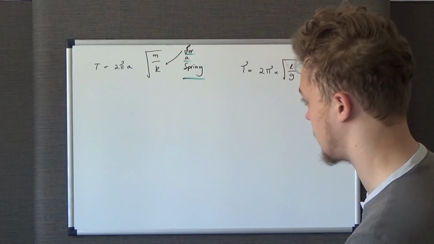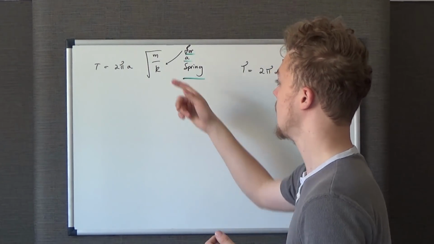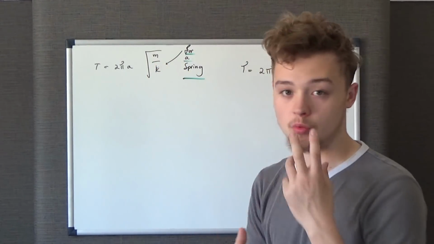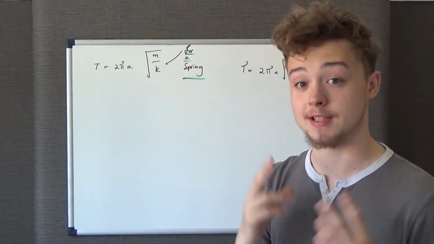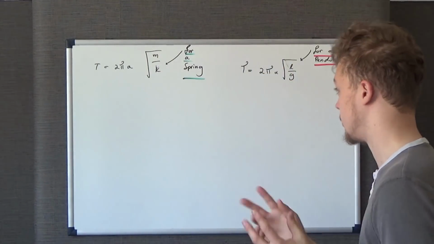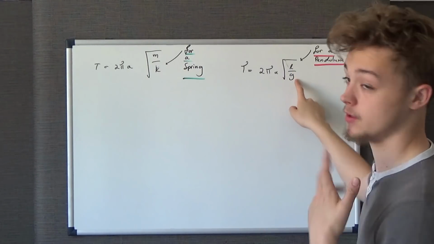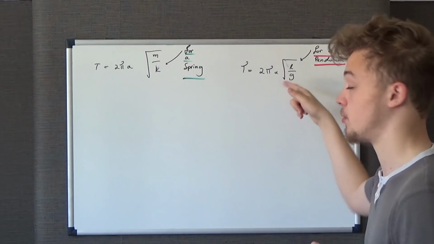I think it tells you anyway, but you just need to be mindful of what they mean. So m is the mass of the spring system, or what's displacing it; it will tell you the total mass. k is the spring constant. l is the length of the pendulum, and g stays the same. If it's on Earth, it will be 9.81.